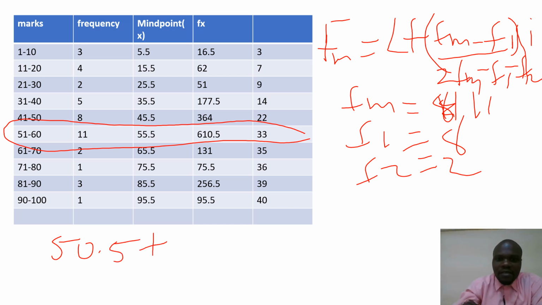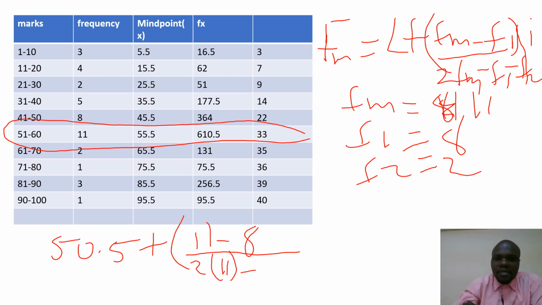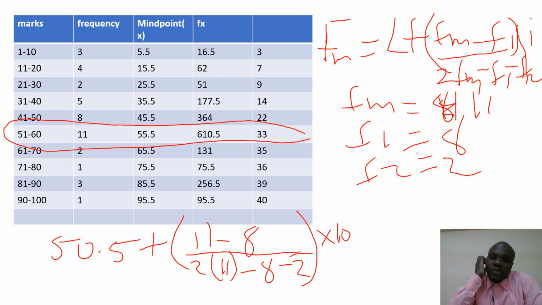Then plus here we have my fm 11 minus my preceding frequency of 8, then divided by 2 multiplied by 11, then minus f1 which is equivalent to 8, then minus f2 which is equivalent to 2, then all these I multiply by 10.